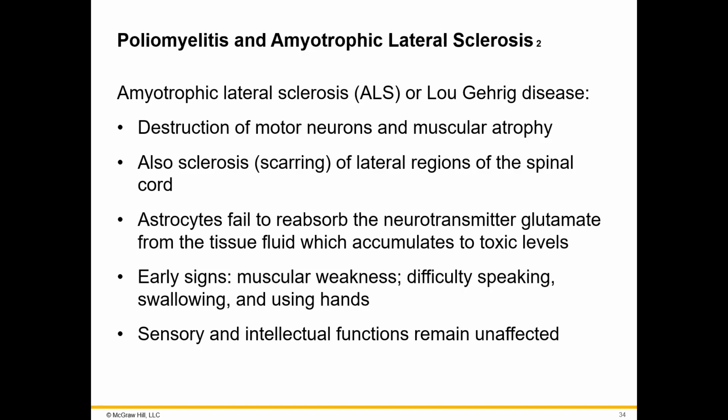The astrocytes fail to reabsorb the neurotransmitter glutamate from the tissue fluid, which accumulates to toxic levels. So that's caused by a defect of the astrocytes. Early signs are muscular weakness, difficulty speaking and swallowing and using hands. Sensory and intellectual functions remain unaffected.